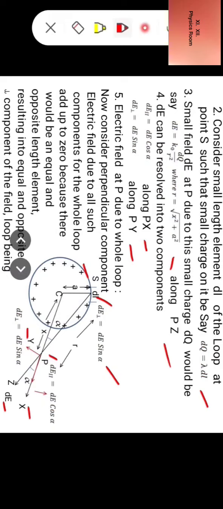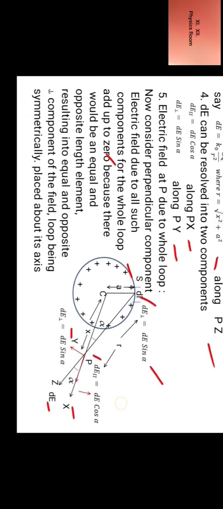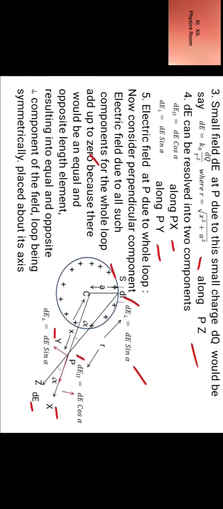Electric field due to all such components for the whole loop add up to 0, because there would be an equal and opposite length element resulting into equal and opposite perpendicular component of the field, loop being symmetrically placed about its axis.